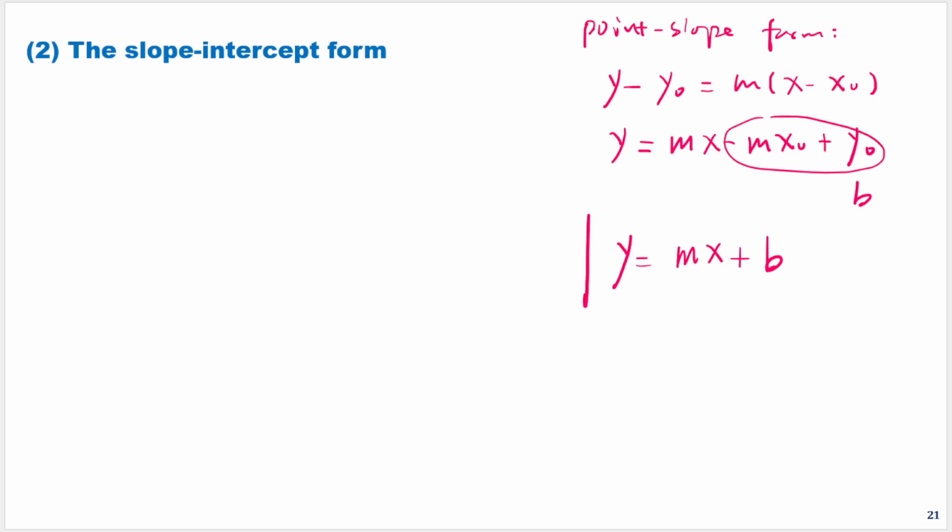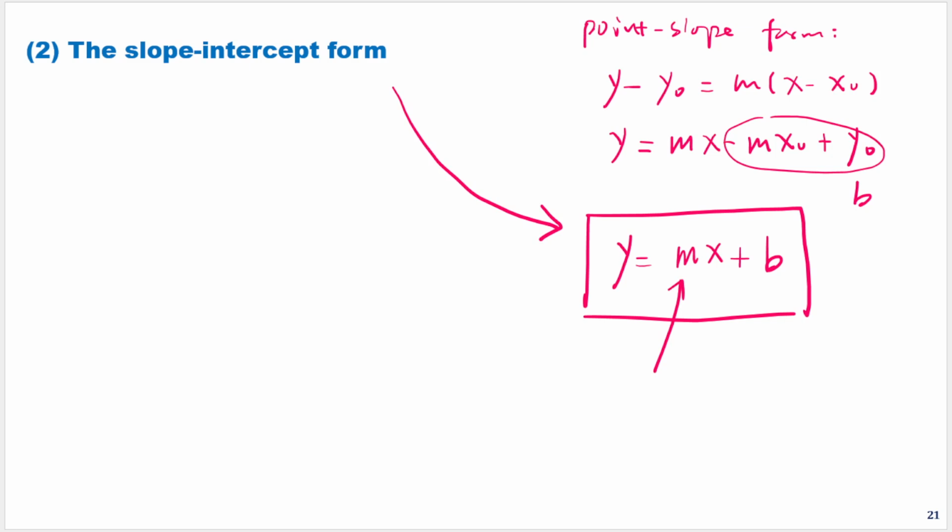And this is also an equation of this line, and we call this form of equation the slope-intercept form, because we know m is the slope of that line, right? And b is the y-intercept.